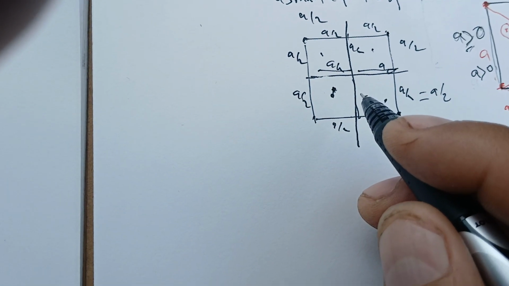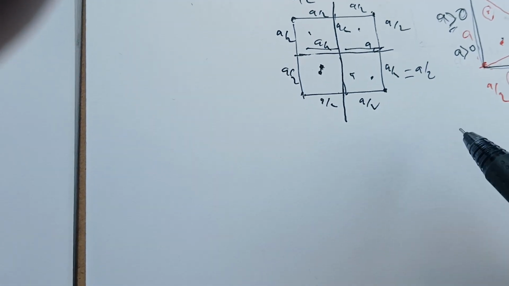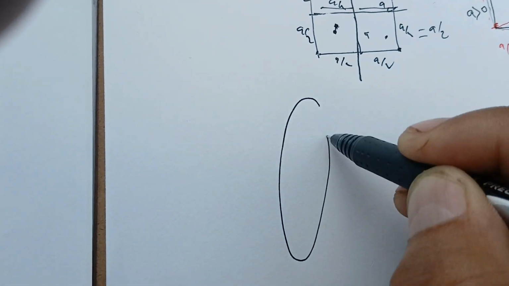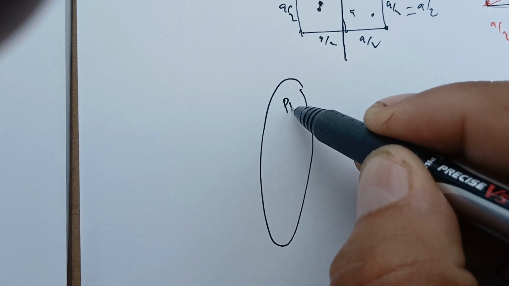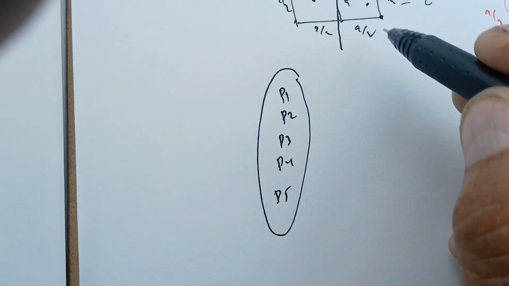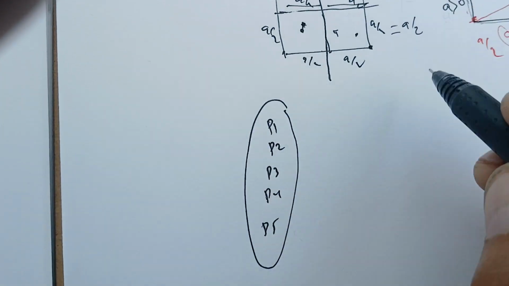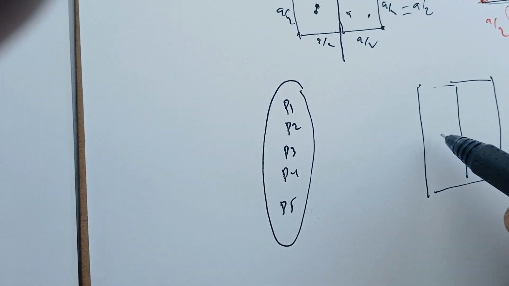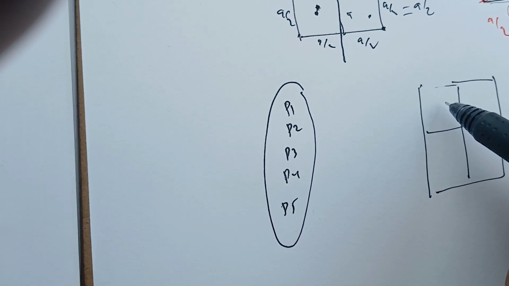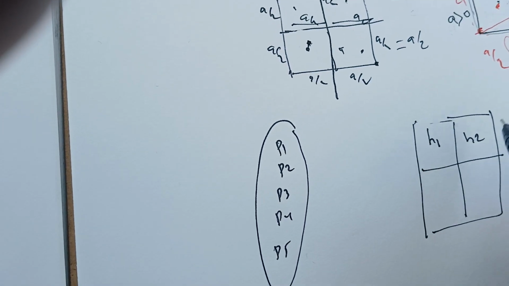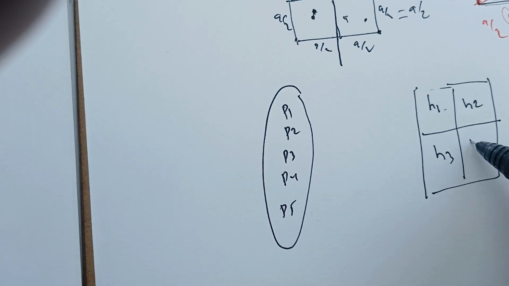So what I'm using is the pigeonhole principle. The pigeons in this case are the points. I'm going to call them P1, P2, P3, P4, P5. And these squares, I'm going to do them as the holes. So let's call them hole 1, hole 2, hole 3, hole 4.